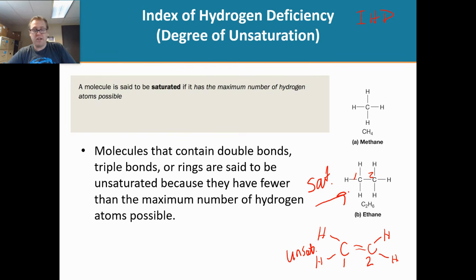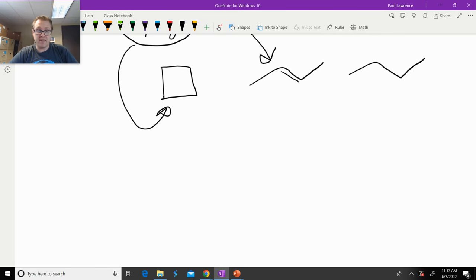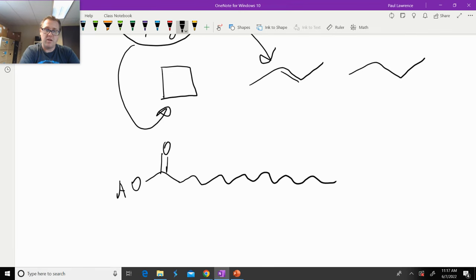Now, when you come back to fatty acids or saturated fats and unsaturated fats, the molecules look a little bit different. They're just really, really big. So if you take a molecule that's really, really long, with lots of carbons, that would be a saturated fatty acid because all these carbons have the maximum amount of hydrogens.